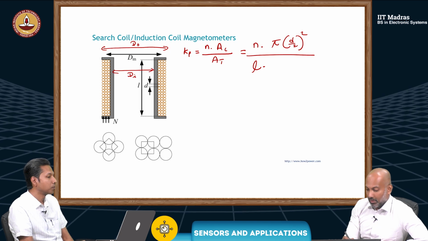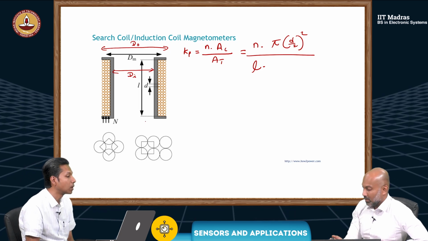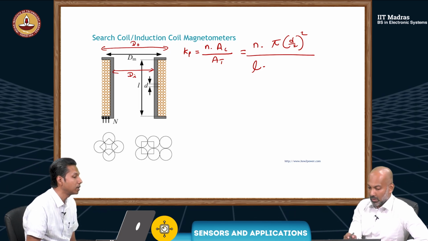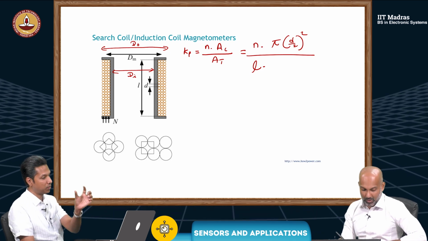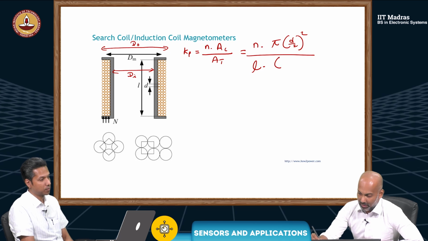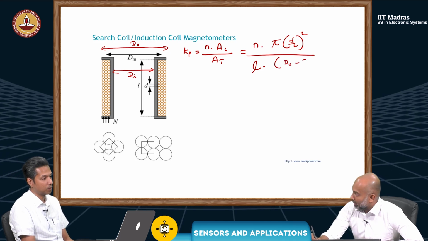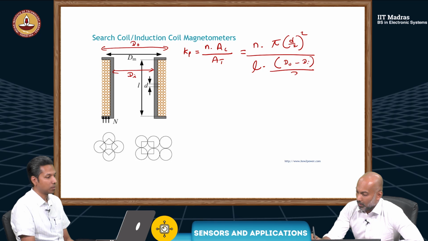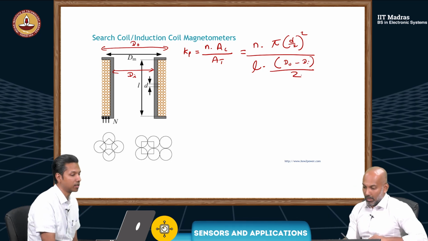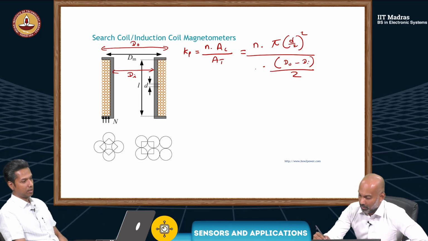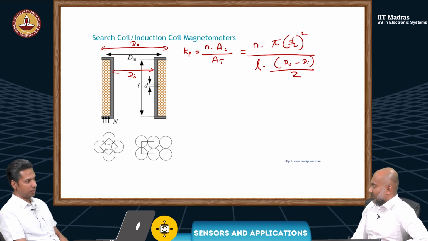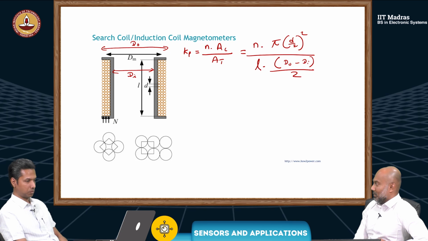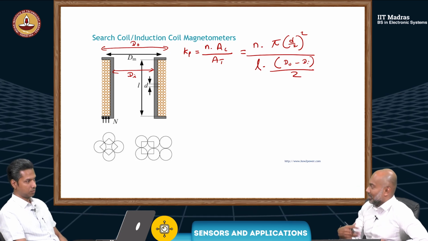Then the outer minus the inner, D out minus D in, divided by 2, will be the width of the winding. So the total area will be (D outer minus D in) divided by 2, into L. This is L here. So this is the packing density, which we also need to consider when we are designing a search coil.